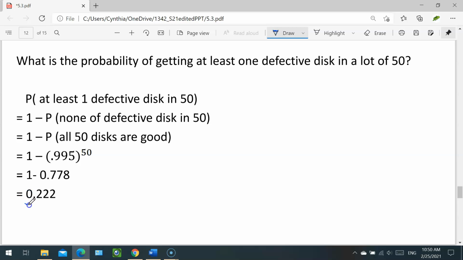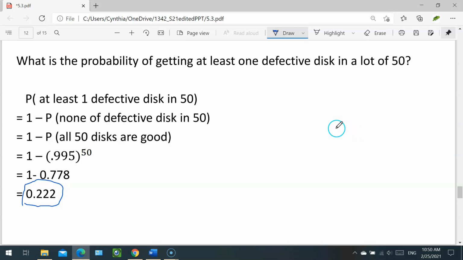So when you subtract from 1, the result represents, when you run the test 50 times, the chance you might get at least one defective item, which would be 0.222, which is a 22% chance that you will get at least one defective item if you are selecting the disk from the lot of 50.